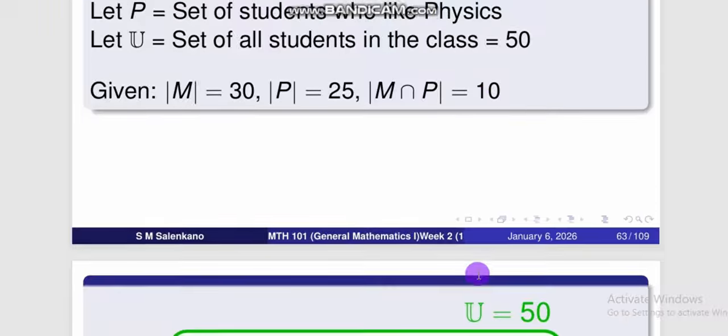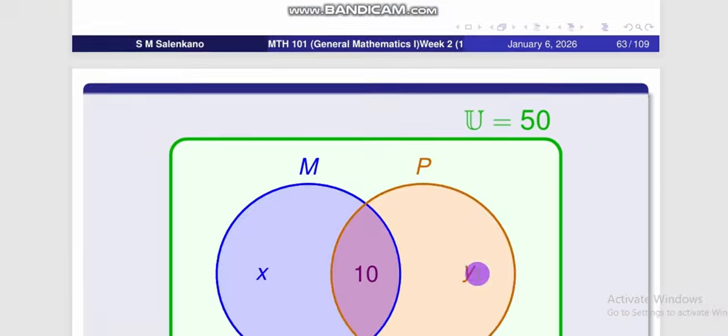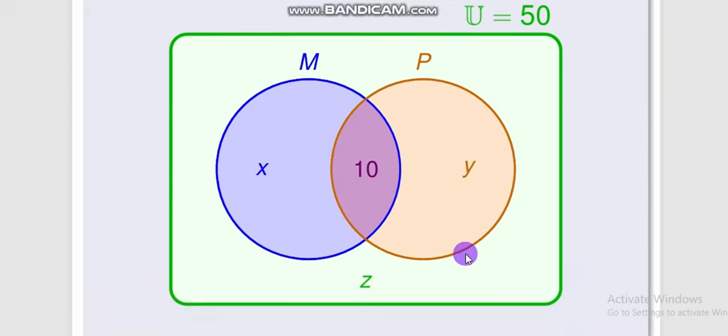Okay, now you see here is our Venn diagram. In the Venn diagram, you see we know our universal set, right? So we put 50 here. We know M intersection P, those who like both, this is the region for them, so we put 10. But we don't know those who like only mathematics, so we put letter X for that. We don't know those who like only physics, we put letter Y for that.